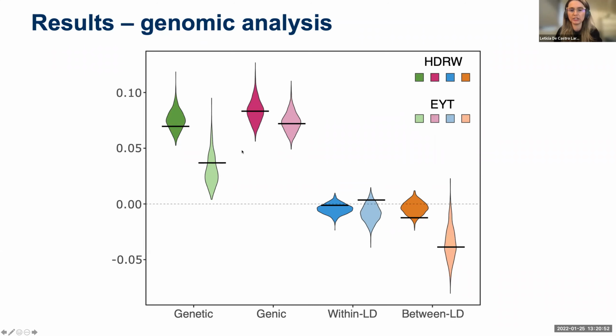The genomic partition shows that this drop was in part due to a slightly decreased genic variance, either because we lost some alleles or, more likely, allele frequency just shifted. But more importantly, we can see that the substantial change in the between-chromosome linkage disequilibrium was the main driver of the change in genetic variance between hetero and elite white trials.